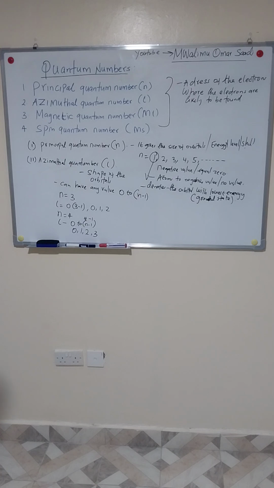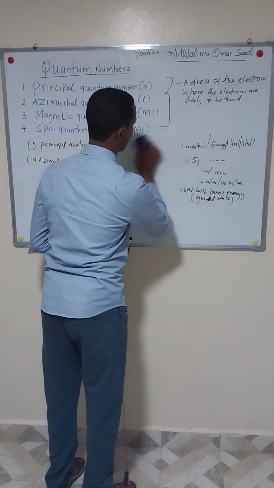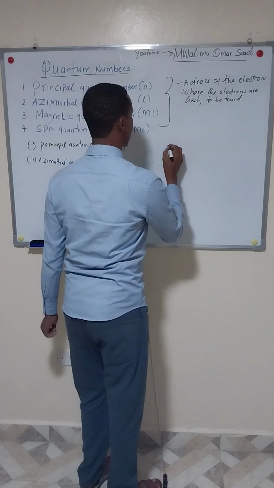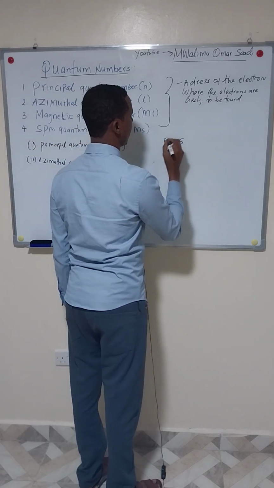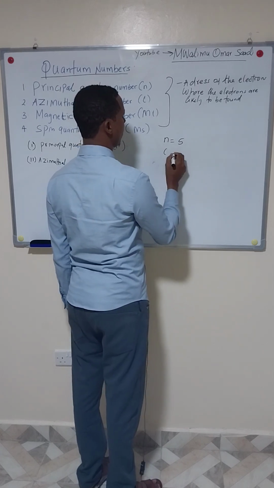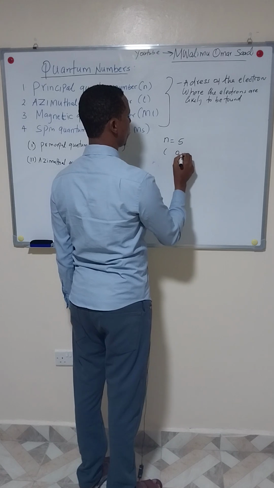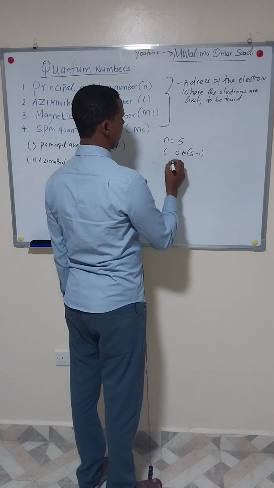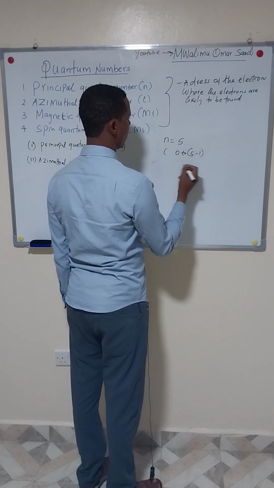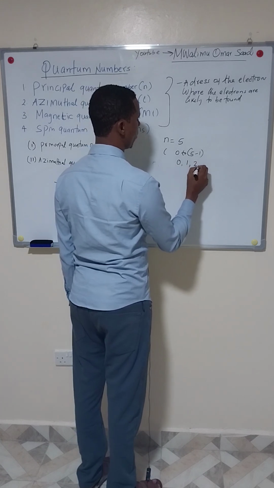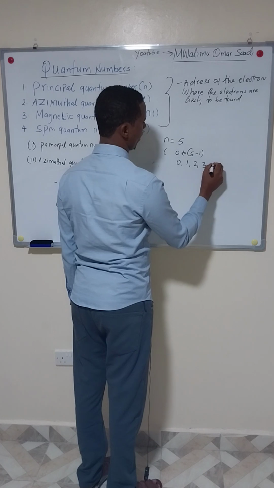Let's say another one. If n is 5, L will be from 0 to 5 minus 1, which is 4. L will have values 0, 1, 2, 3, and 4.